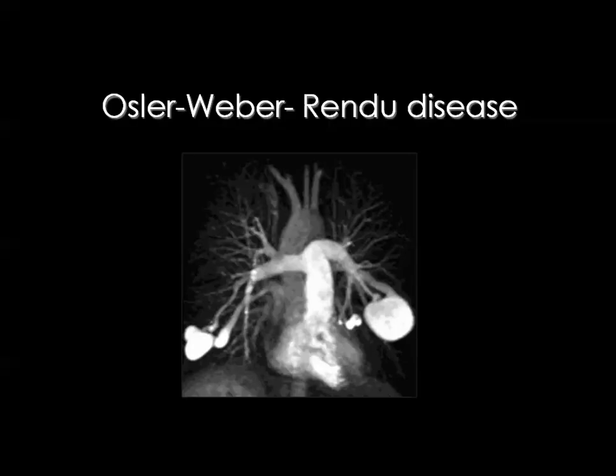Of course, if you are not able to inject the patient with contrast because of bad renal function or because of hypersensitivity to contrast media, then you may have the alternative, which is the MR angiogram. This is an example of a pulmonary MR angiogram. You should know that the MR angiography is not performed using contrast media.